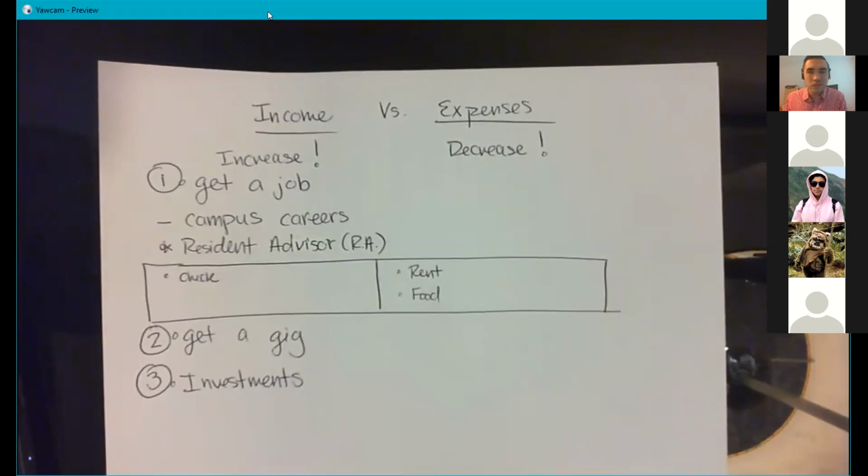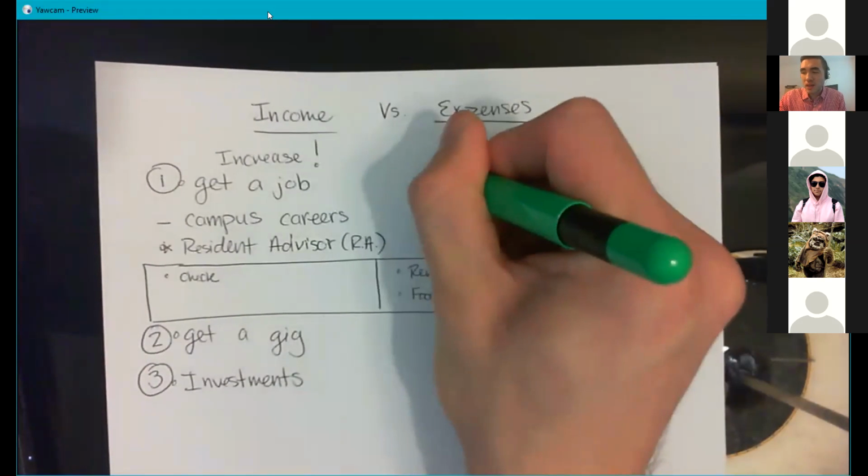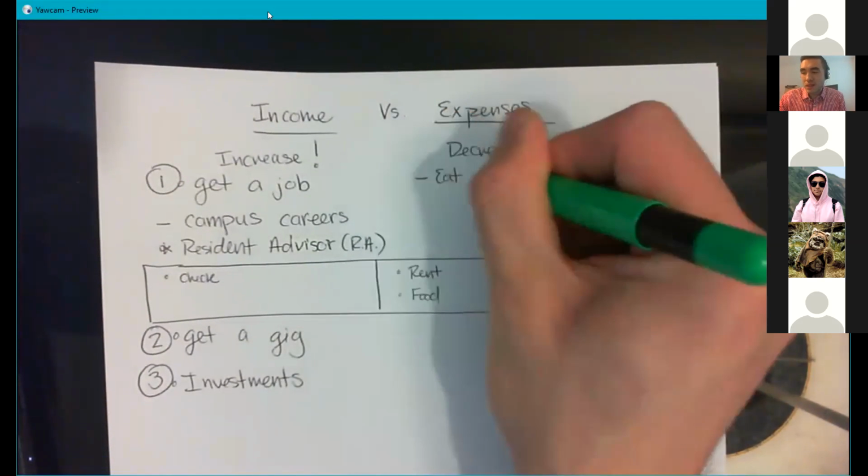What are some basic ways that you can decrease your expenses, that you can just learn to live cheaper? Eat out less. That's the big one, simply because food is really expensive. So eat out less.